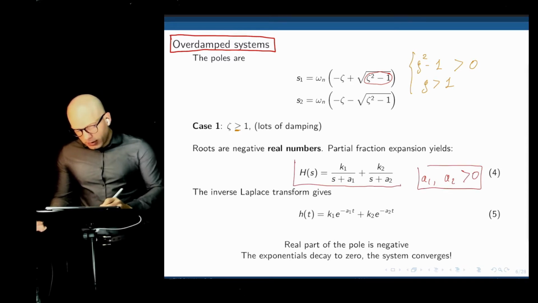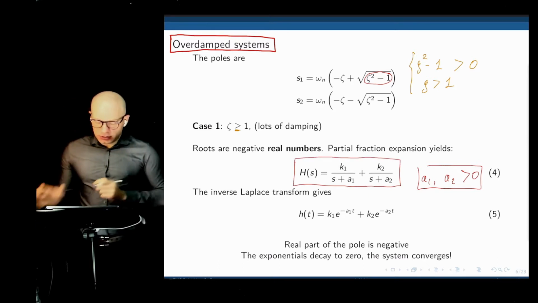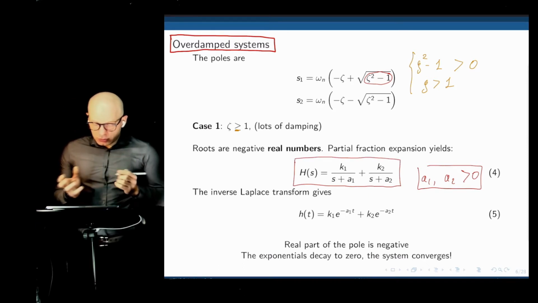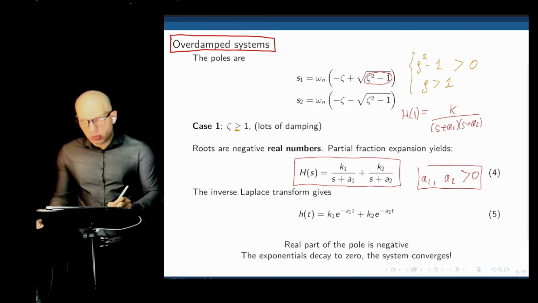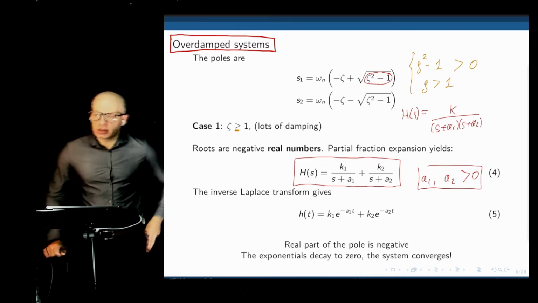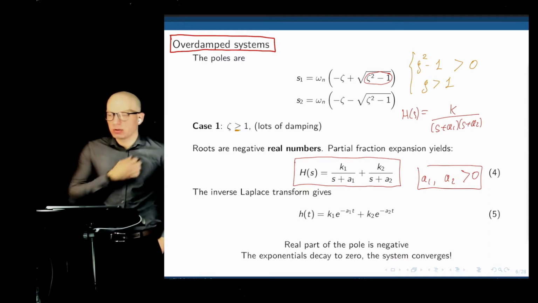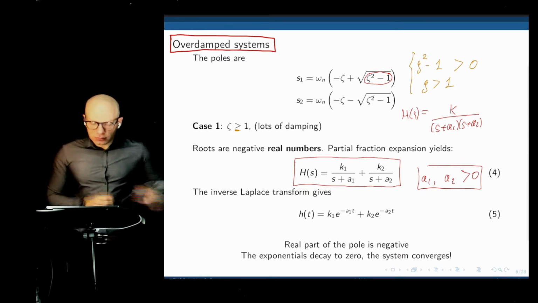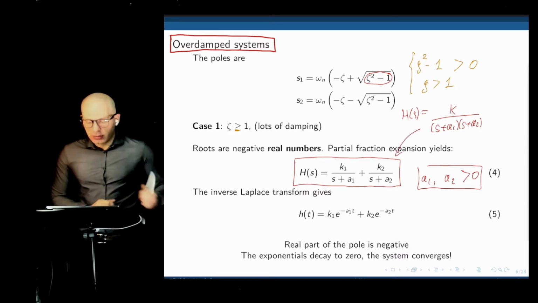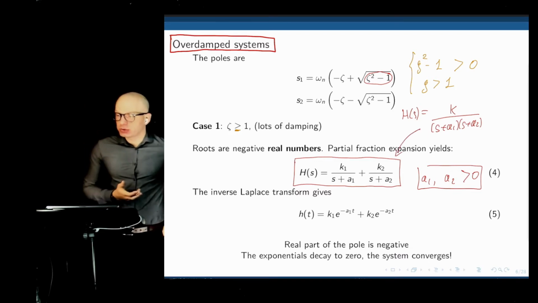Because we have two distinct real roots, we can rewrite the expression as a constant divided by (s plus a1)(s plus a2), where a1 and a2 are the constants that solve for the roots of the polynomial. And you can now split that into a partial fraction expansion.